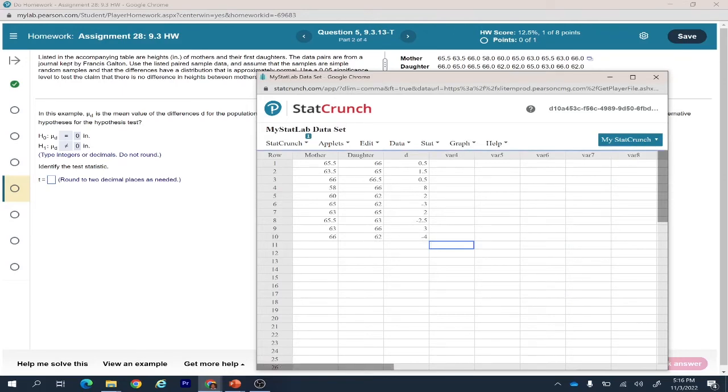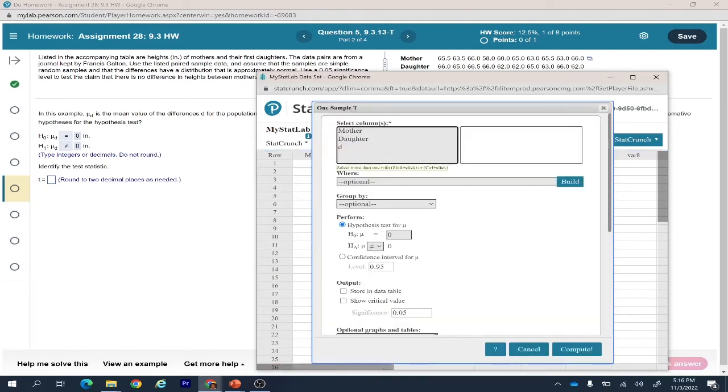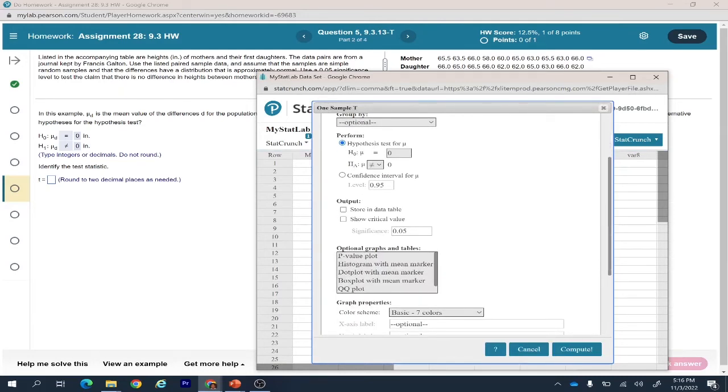Good. Now we would like to find the test statistic for this data. So we go here, Stat, T Stats, One Sample, With Data. If you click that, you will be able to see this column D. Just select D, that's the difference. Now we would like to do this hypothesis test where the mean is 0, and the alternative hypothesis is not equal to 0.